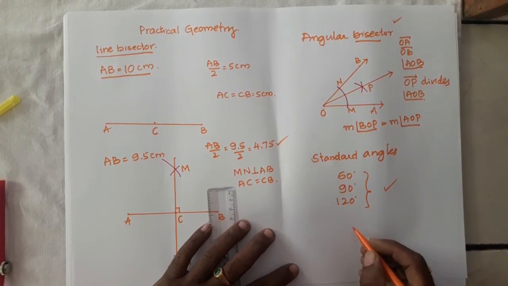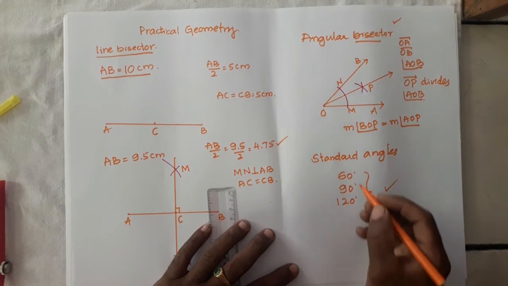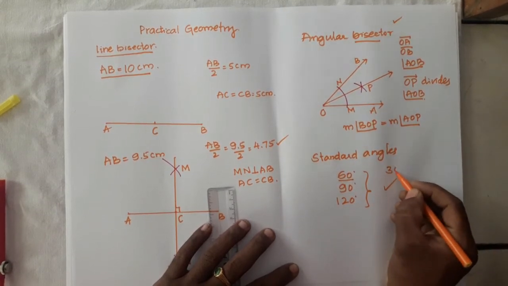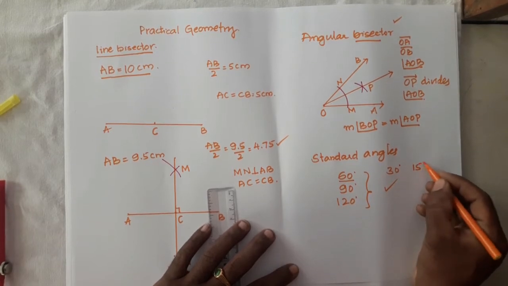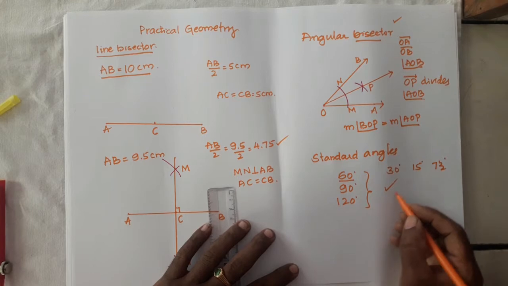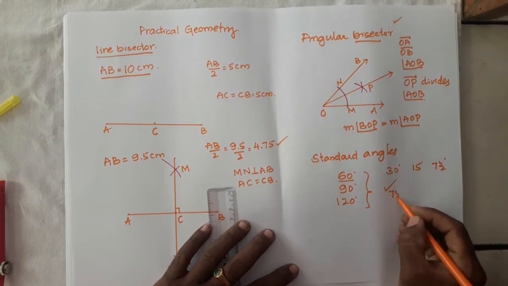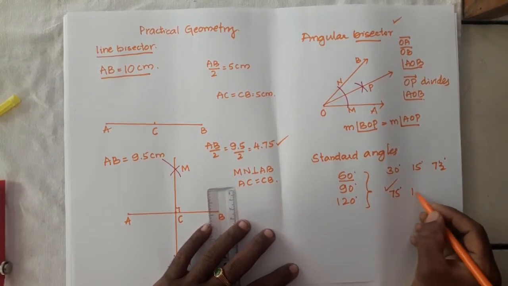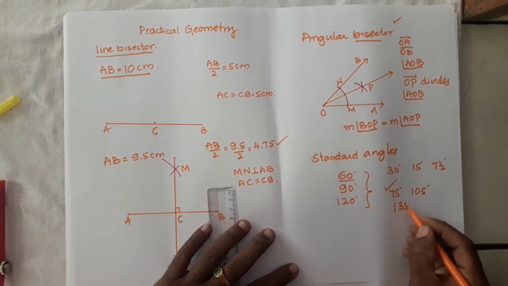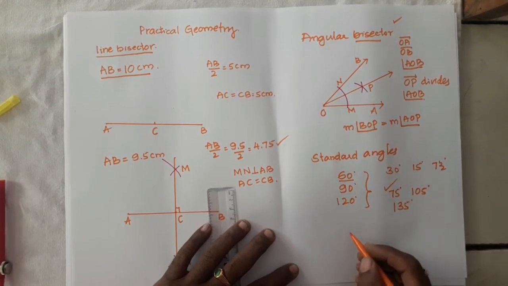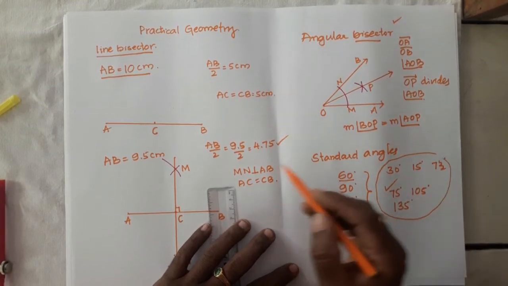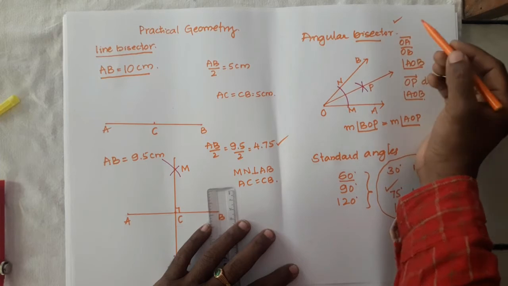When you learn the angular bisector, you can construct 30 degrees, further 15 degrees, further 7.5 degrees, likewise 75 degrees, 105 degrees, 135 degrees, and so on. To construct these angles, we have to have the angular bisector.